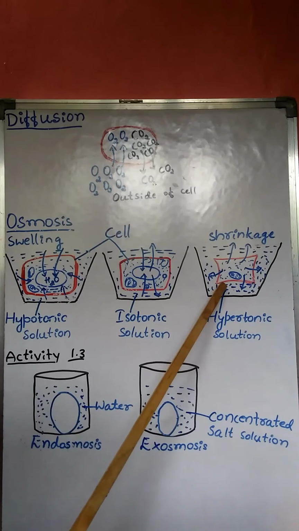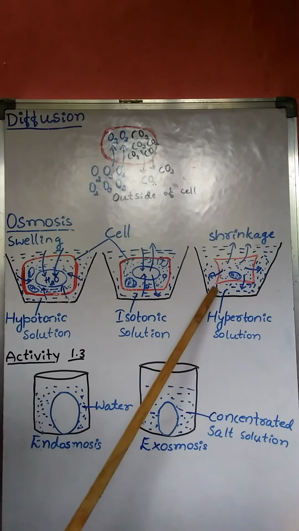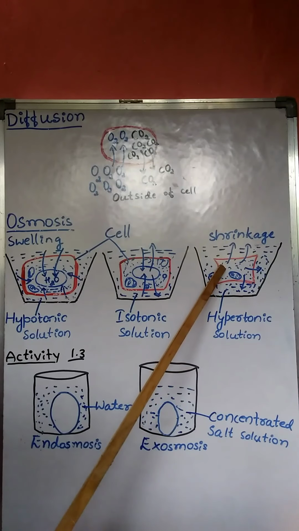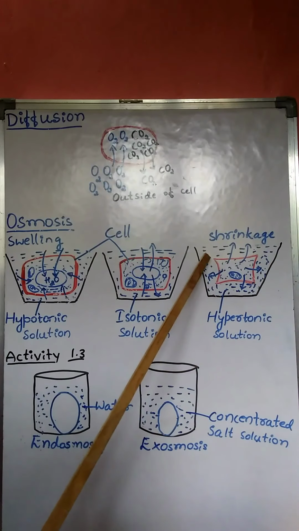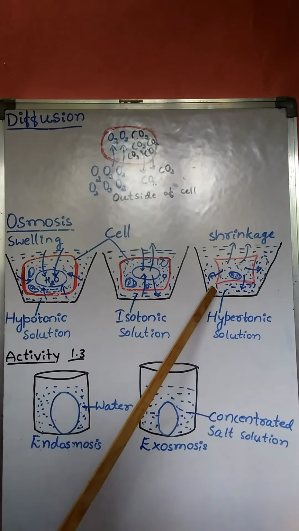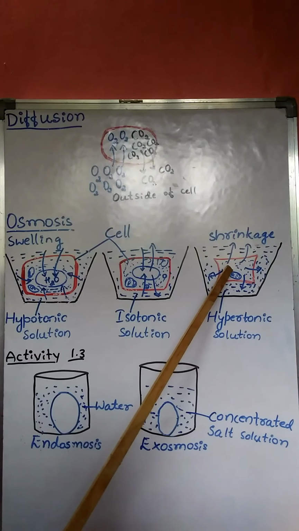Hypertonic solution means the external solution has more osmotic concentration as compared to that of the cell. That means in the external solution, the concentration of solutes is more than the concentration of solutes present inside the cell.